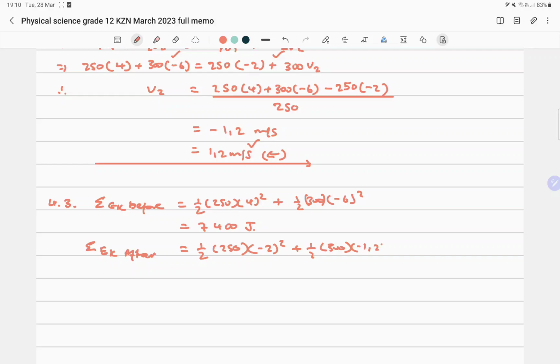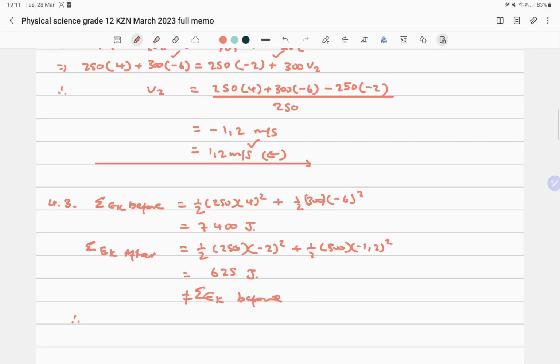This is minus 1,2 squared, and then let's see what that is. So 0.5 into 250 into minus 2 squared plus 0.5 into 300 into minus 1,2 squared. We're getting just 625 joules, which is not equal to the sum of EK before.